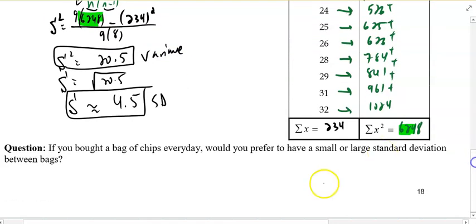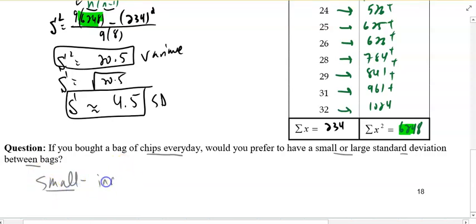So now they're trying to figure out if you understand what this variance means, or standard deviation. It says, if you want to get a bag of chips every day, you buy one bag of chips, would you prefer to have a small or a large standard deviation between the bags? I would rather small. Why is that?